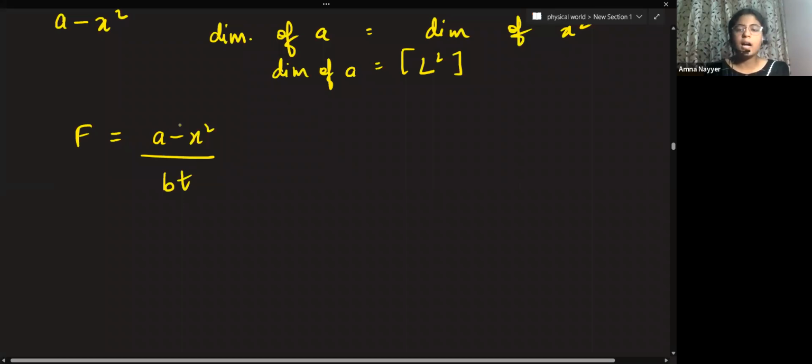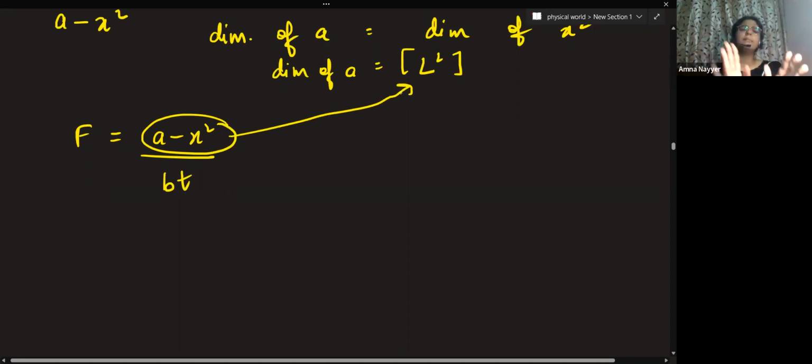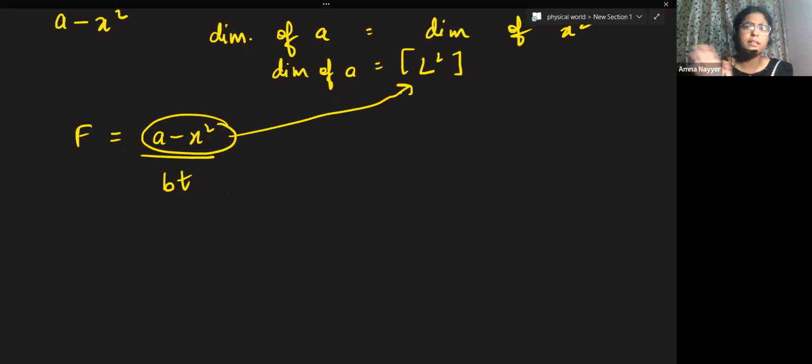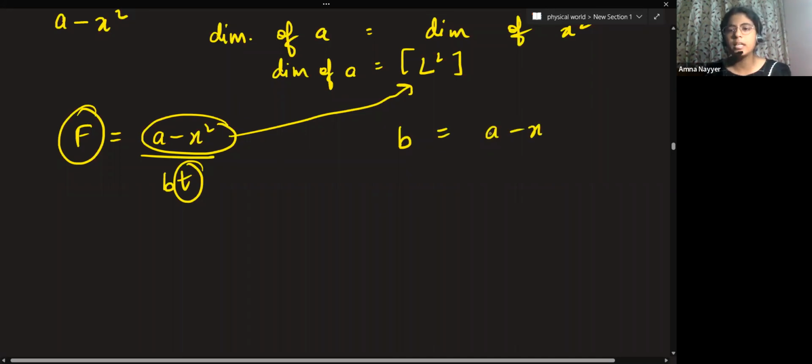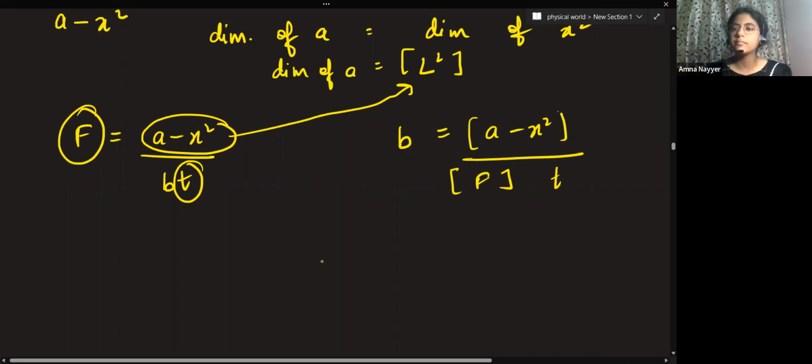A minus x square, ultimately we'll be getting L square only. Whatever the constant's value is, we are not concerned with. Force we already know, time we know. B will simply be A minus x square divided by force divided by time.